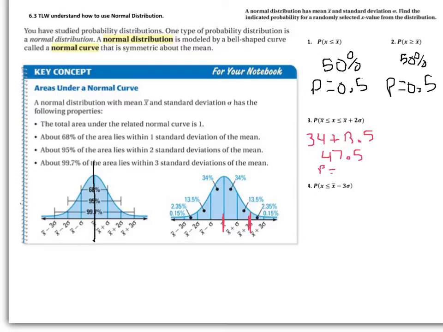So the probability is 0.475. Okay, so let's look at the next one.